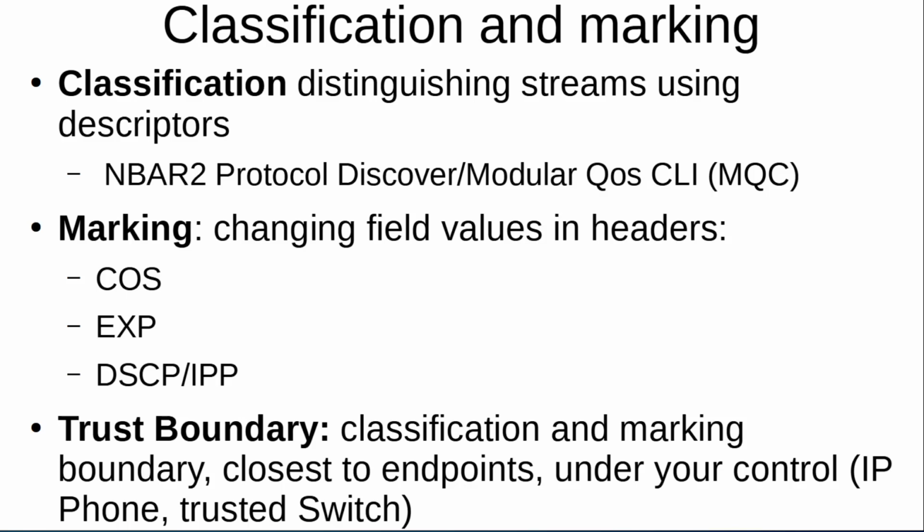Next, you will have to do marking, which involves changing the field values within the headers of your frames and packets, according to the type of stream they belong to.